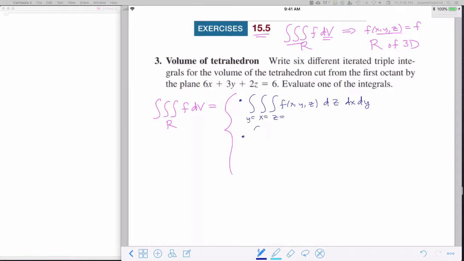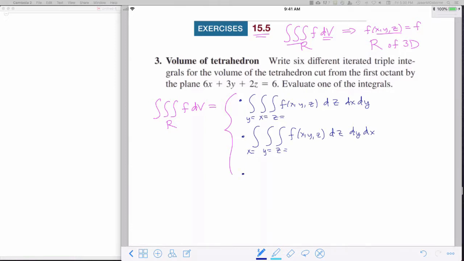Or you could have a triple integral of a function, right? And then you integrate dz, dy, dx, in which case you are describing your region differently as z's description first, then describe it in terms of y, then finally, last, describe it in terms of x.